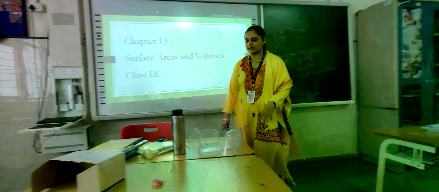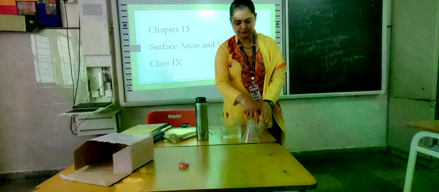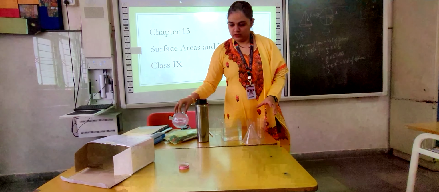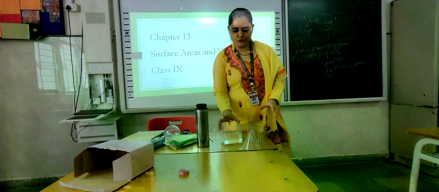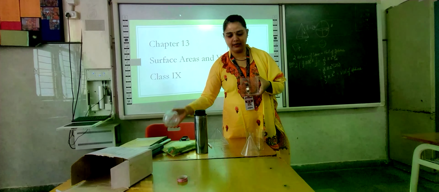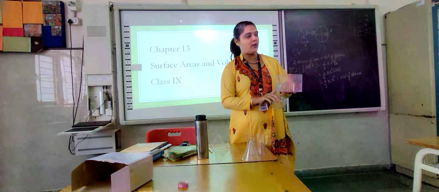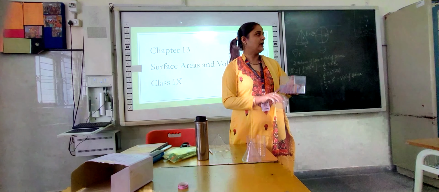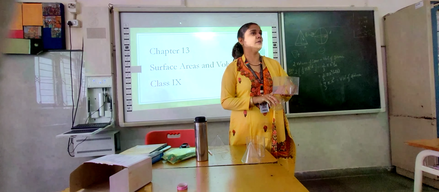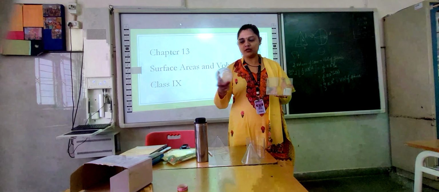Now, let's come back to this. See, in front of you only, I poured the entire liquid of the sphere into this. That means whatever liquid is here right now, it is representing the volume of a sphere.